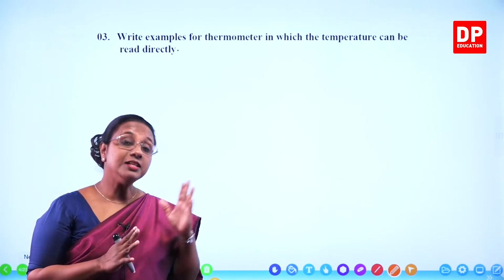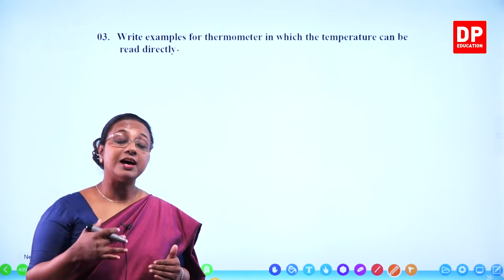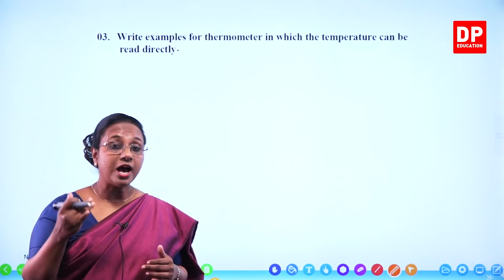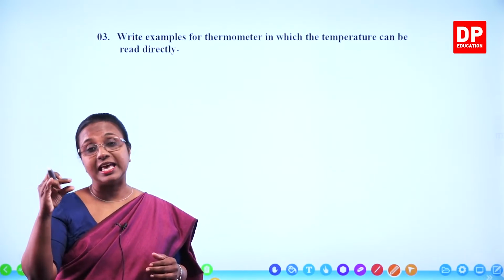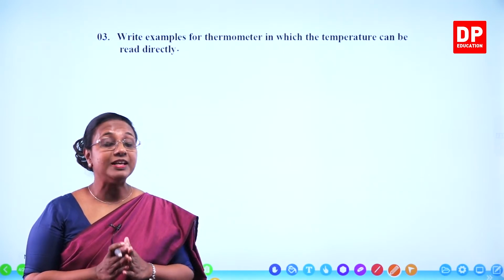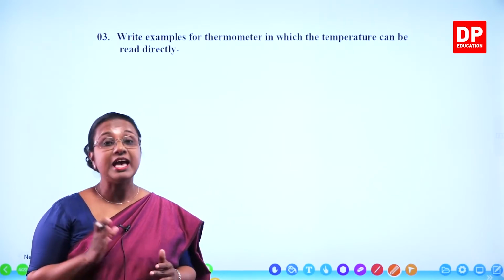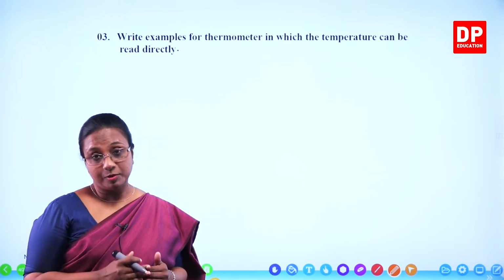But even the clinical thermometer or the medical thermometer, that is also a glass mercury thermometer. So there also you take the body temperature of a person, you have to look at the scale and get the reading.